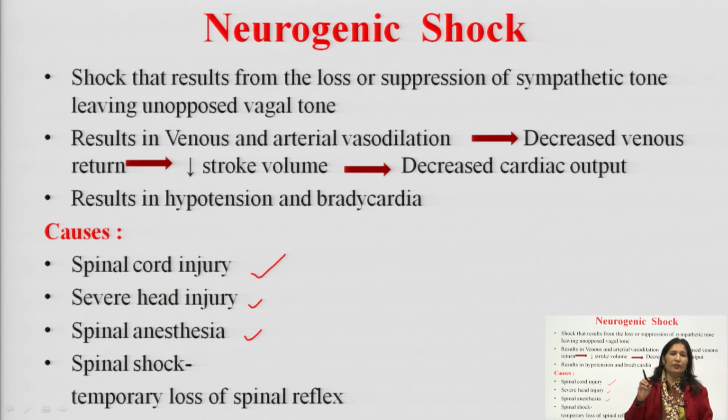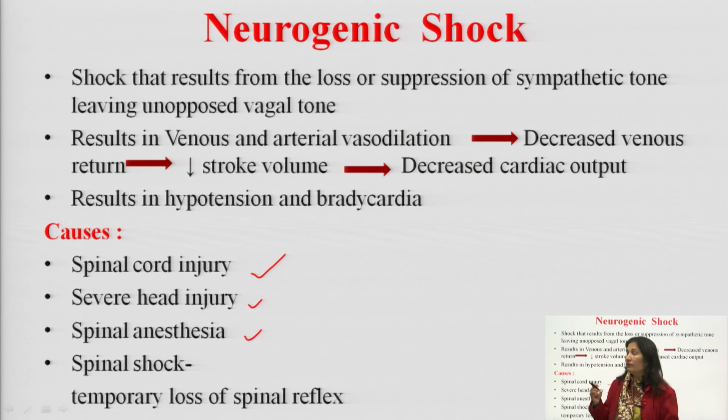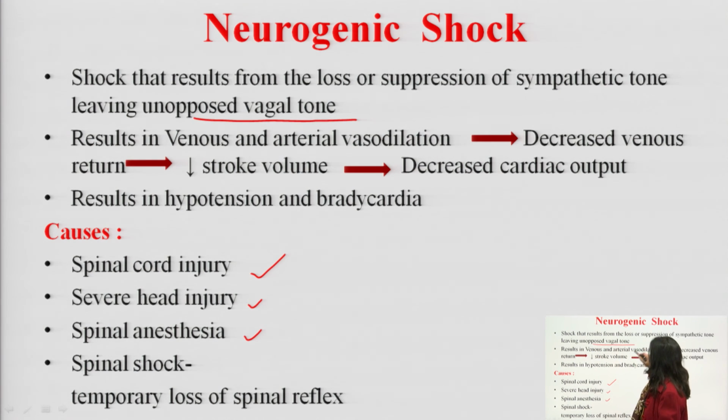There is sudden withdrawal of the vasomotor tone, and that sudden withdrawal of sympathetic nerve would result in unopposed vagal tone, that is activation of the parasympathetic nervous system, and this would result in absolute vasodilation throughout the body.